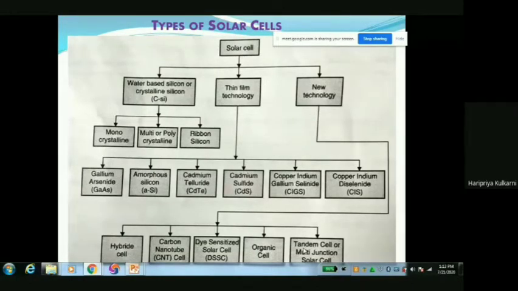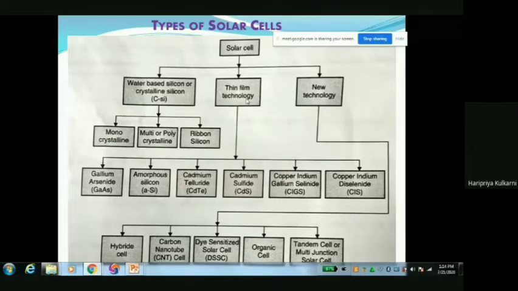First of all, coming to the thick film and thin film technology, if we compare the two, the thickness of thick film technology is around 200 to 500 micrometer. So, it comes out to be 0.008 to 0.02 inches.